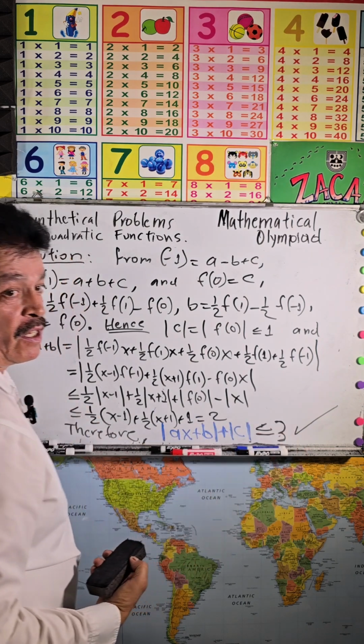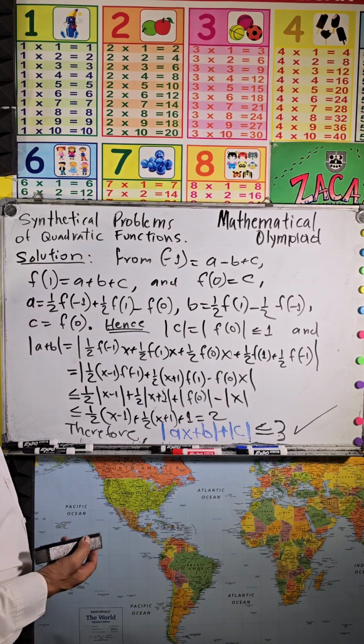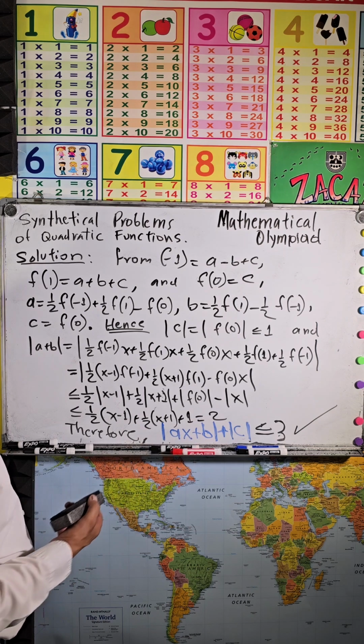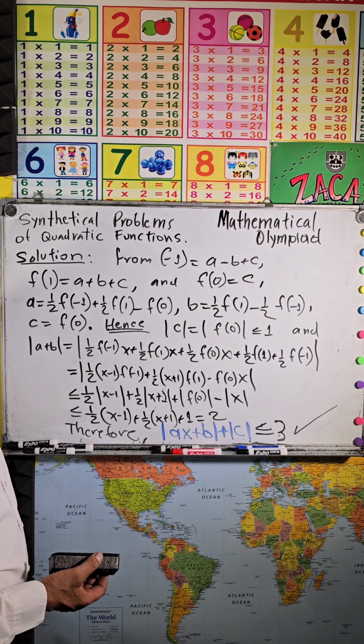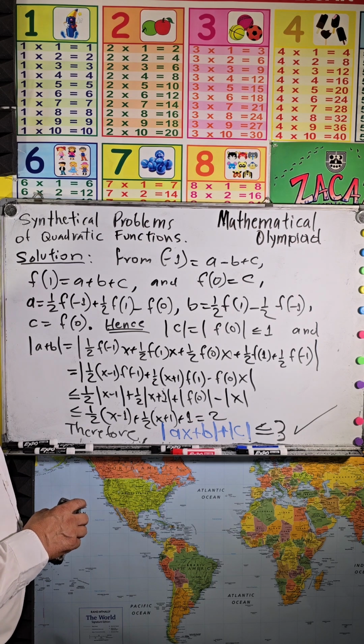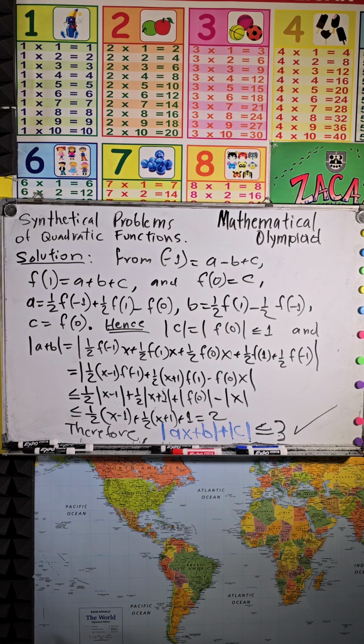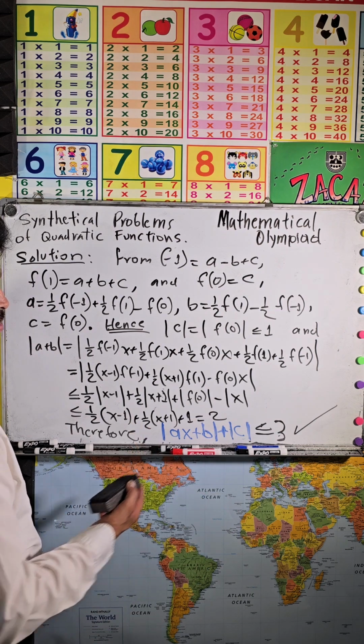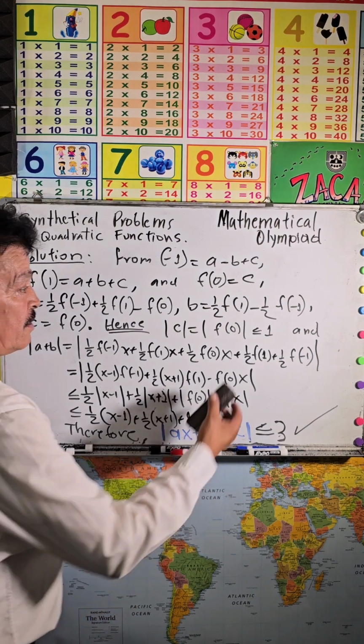We have to show that for x in -1 to 1 the inequality always holds that absolute a x plus b x plus c is less or equal than 3. All right. So that was the question.